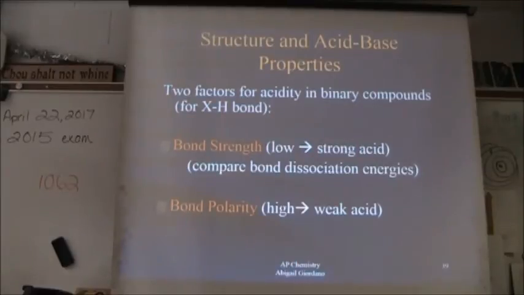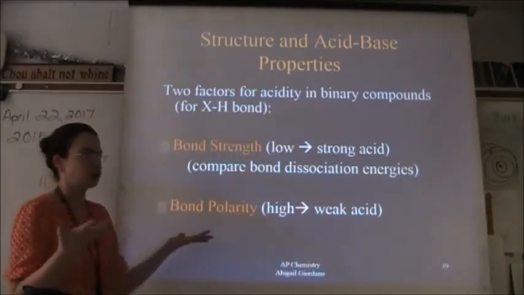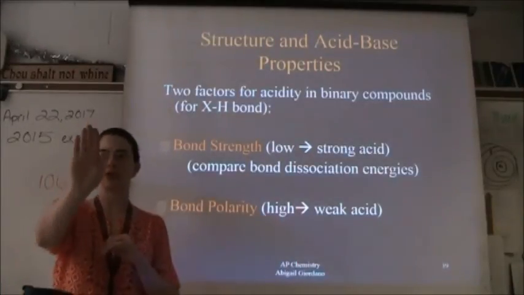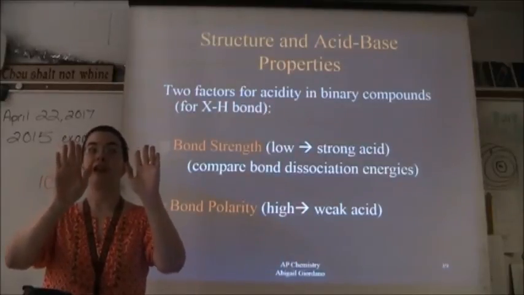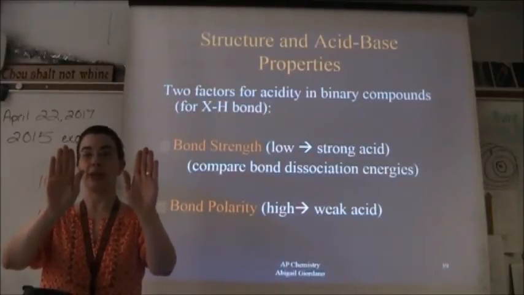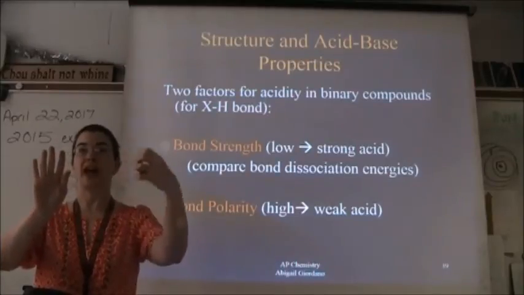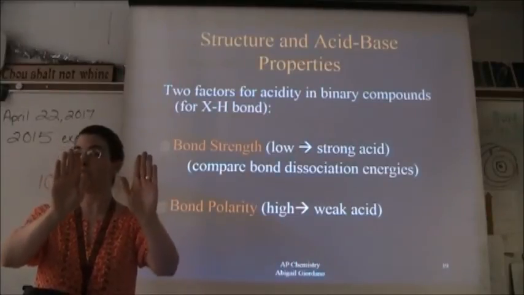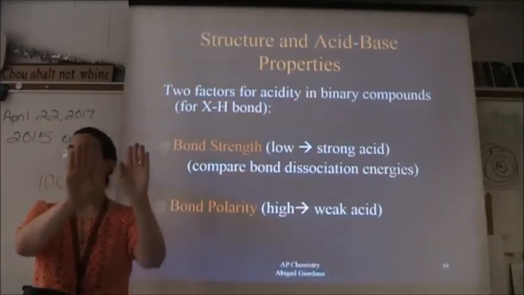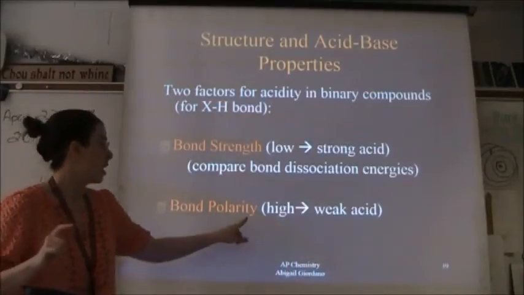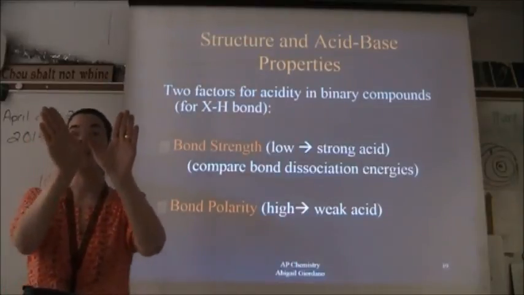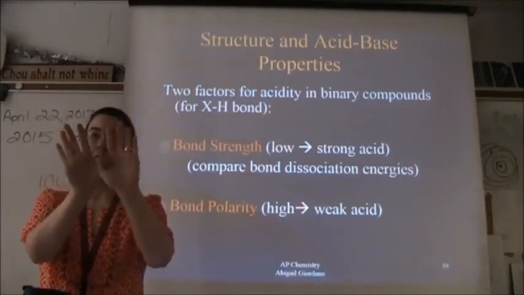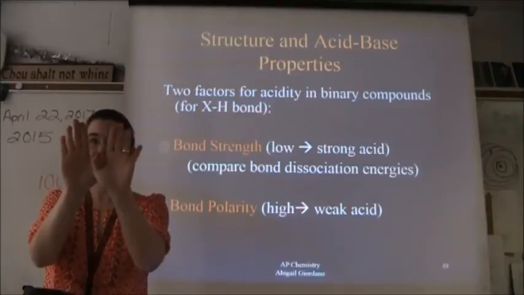Do you remember that? Let's use HF as an example. Here's hydrogen, here's fluorine. Fluorine is a very electronegative element. Fluorine is going to hog that shared pair of electrons a great deal. This is a very polar bond. A very polar bond means a strongish connection.